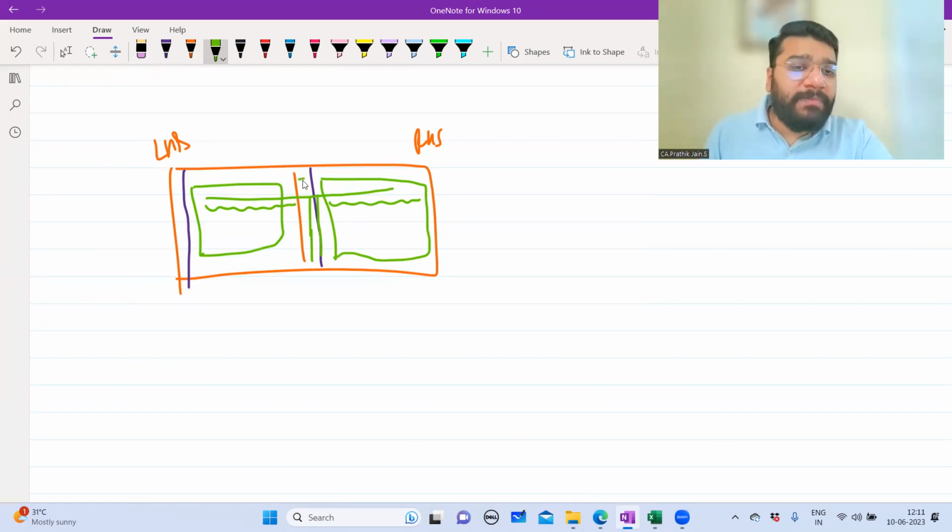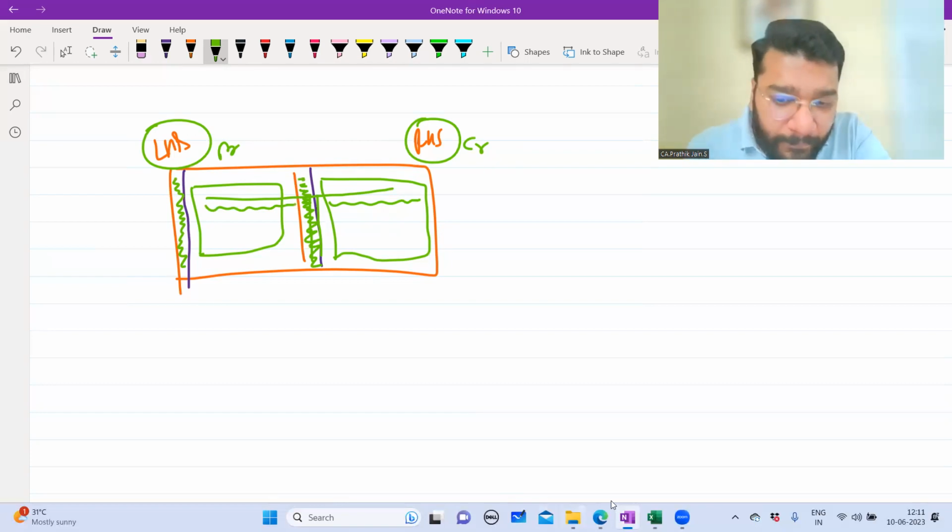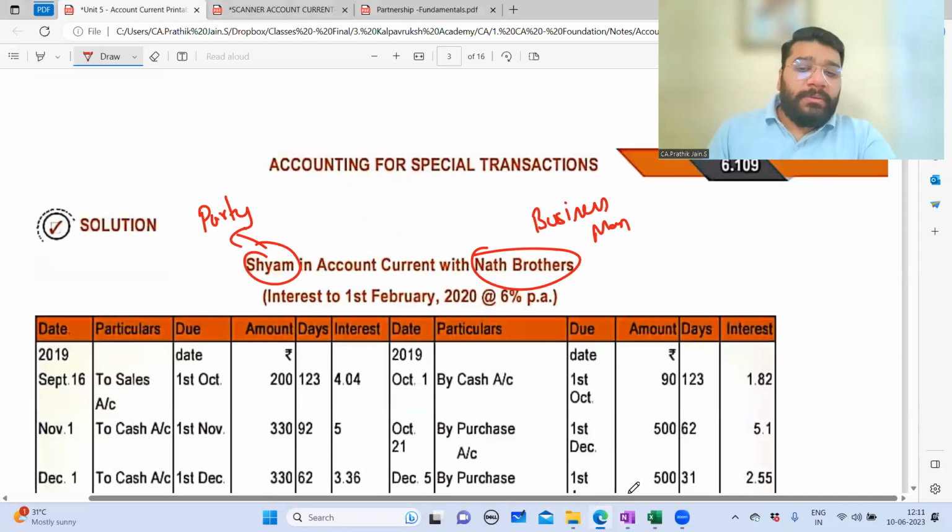The margin will not be used. Your left hand side of the sheet will be your debit side. Your right hand side of the sheet will be your credit side. If you try to do it on one side, it will become too congested for the person to write and for the evaluator to correct. So it becomes difficult. You can write it a little bit broader only.